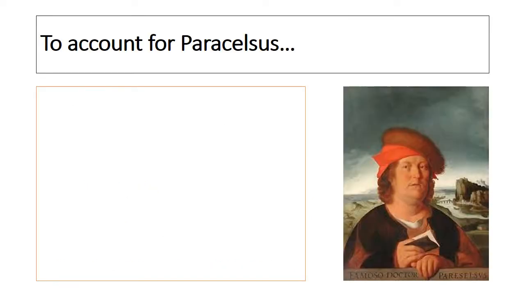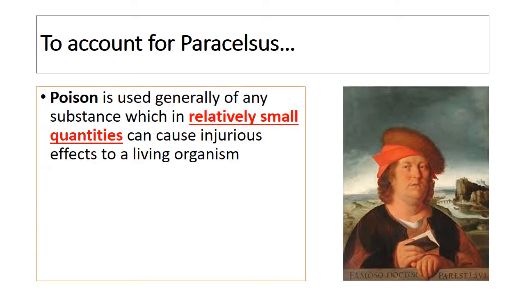To account for Paracelsus's statement, a poison can generally, in colloquial language, be defined as any substance which, in relatively small quantities, can cause injurious effects to living organisms. This is basically from basic street language, so to speak.